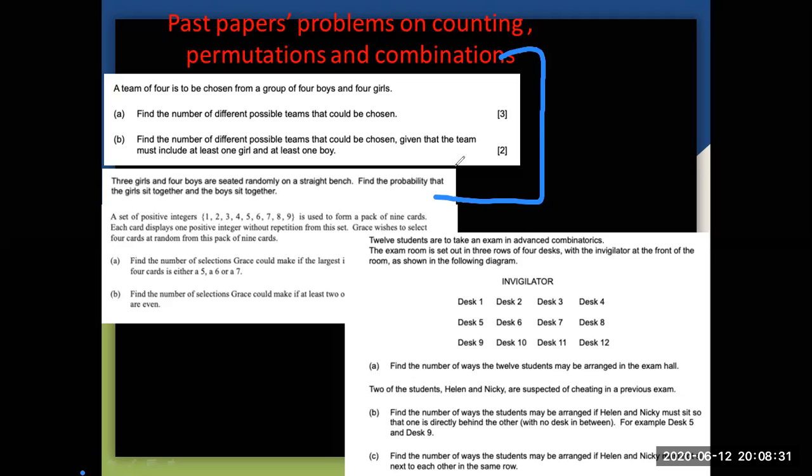Is that the same as 2 by 35? Yeah, it is. Nice. Okay, I got the 3 girls and 4 boys one. That one's easy.